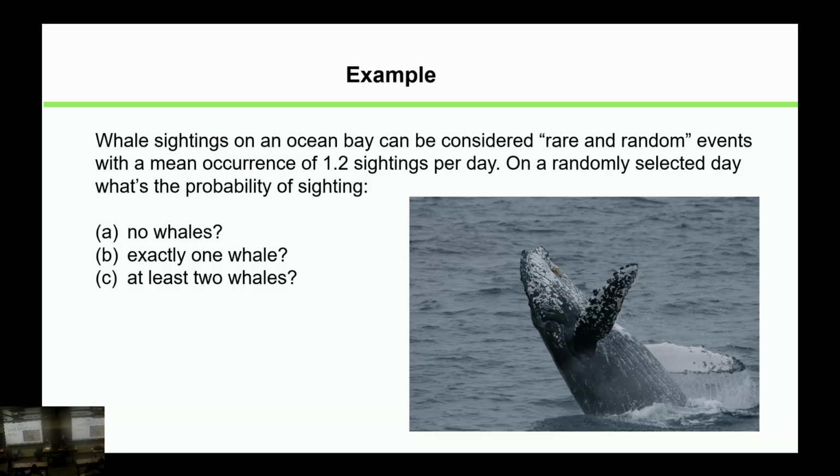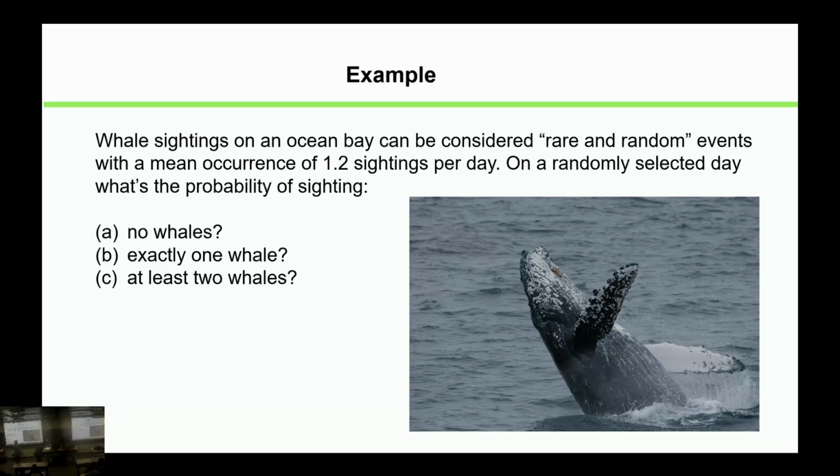Well, not all that infrequently, but let's suppose they occur with a mean occurrence of 1.2 sightings per day. And if we can assume that this meets the condition for a Poisson, in other words, rare and random events, we can work out the probability of no whales, exactly 1 whale, at least 2 whales.